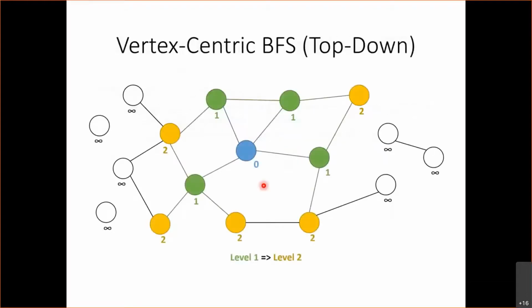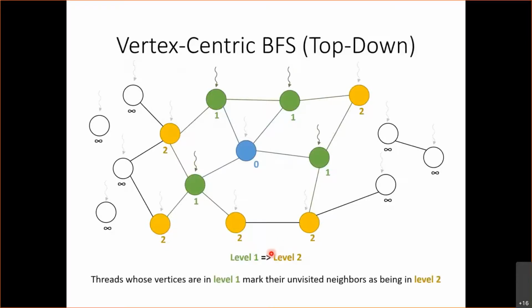So here, if I'm on the iteration where level 1 is the previous level, and I want to find all the level 2 vertices, what I will do is I will launch a thread for every vertex. So I have a thread assigned to every vertex in the graph. This thread will check if the vertex is in level 1.